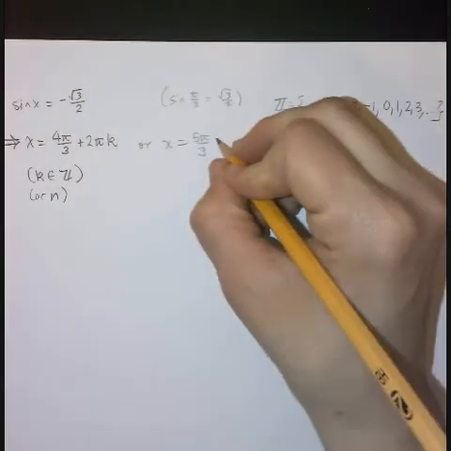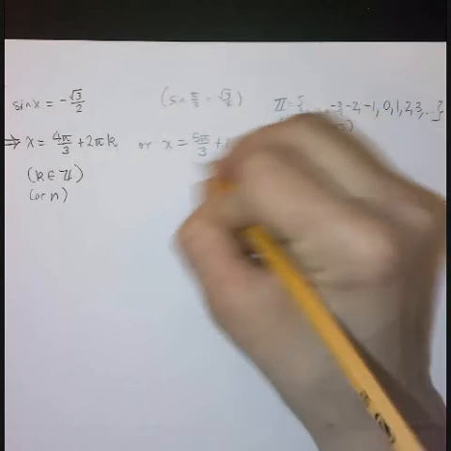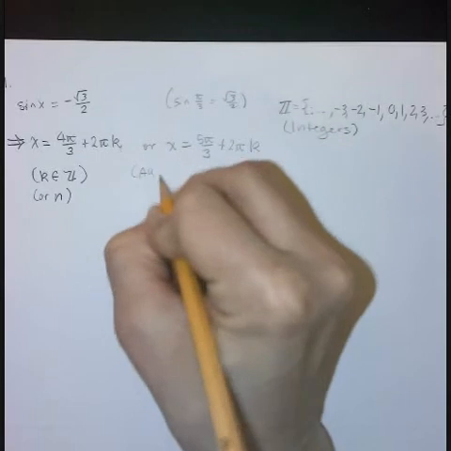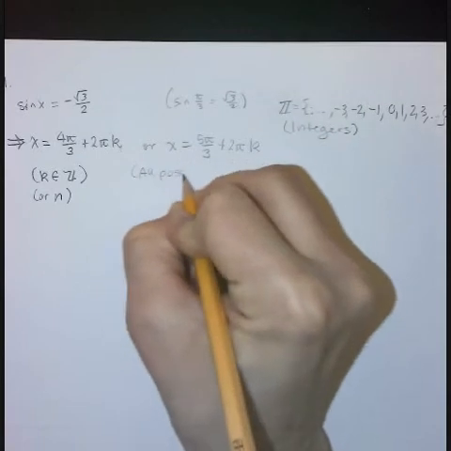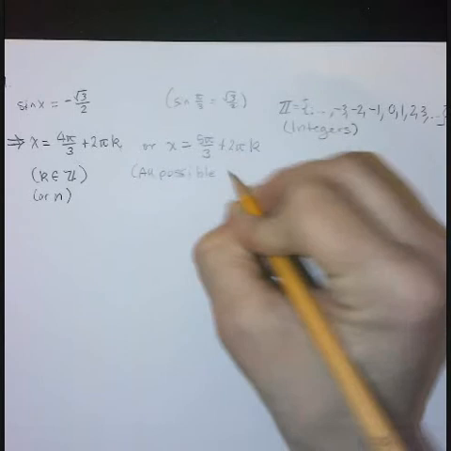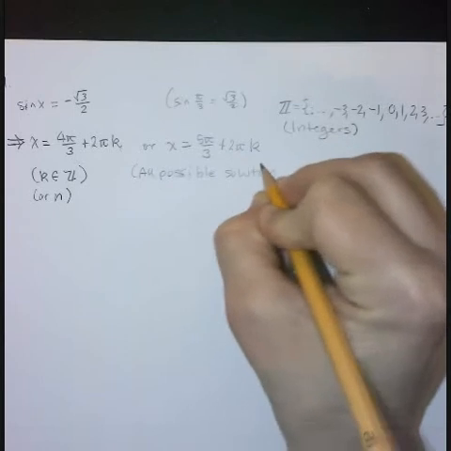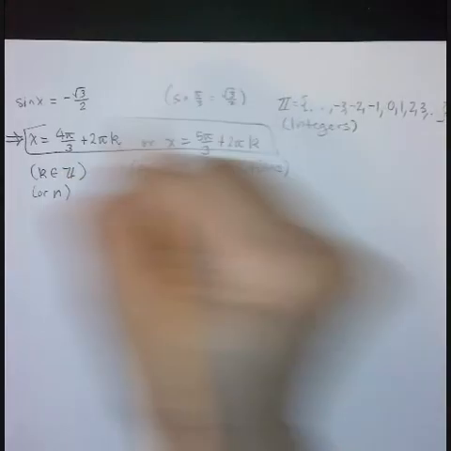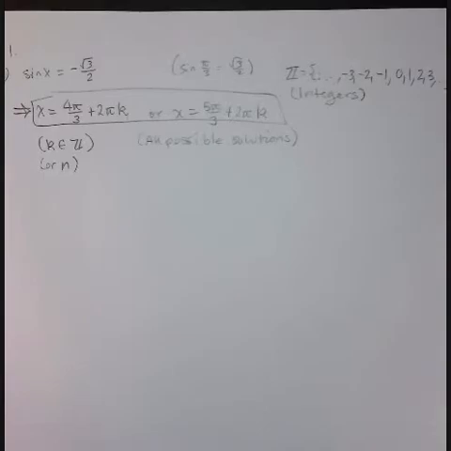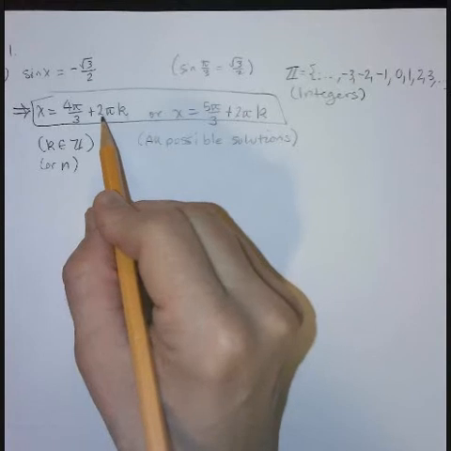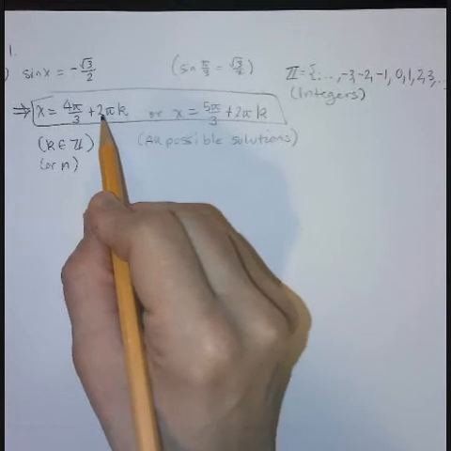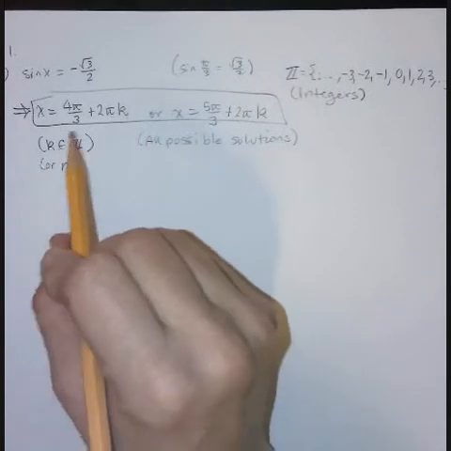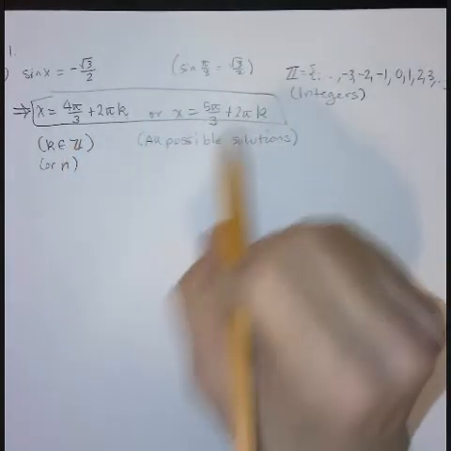So you need to do that also with the solution in the fourth quadrant. So this would be all possible solutions then. Circle both of those. So 4 pi over 3 and any angle that is coterminal to it, and 5 pi over 3 and all coterminal angles as well.